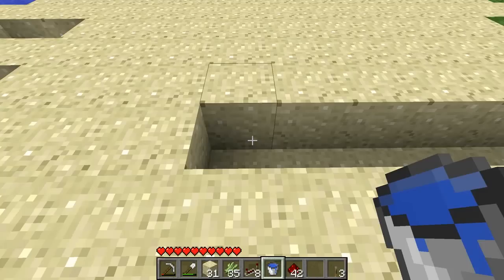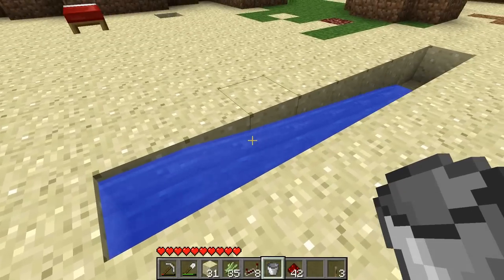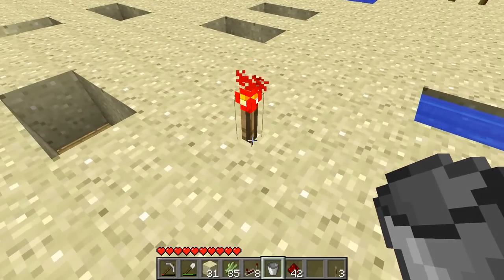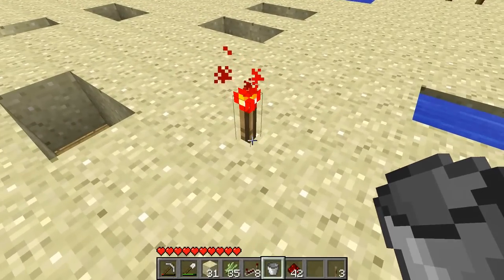Water spreads at a rate of about 1 block every 5 ticks, which is about 1 block every quarter second. By comparison, a redstone torch, it takes a current about 2 ticks to pass through, or about 1/10 of a second.